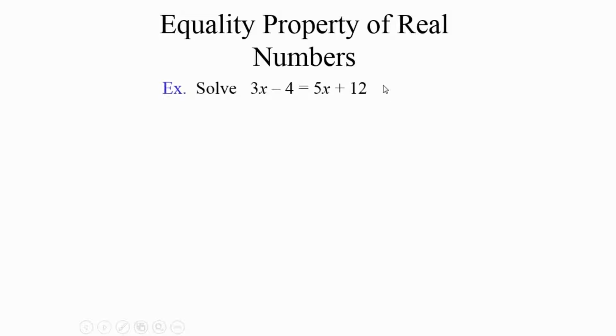So here's an equation. 3x minus 4 equals 5x plus 12. What I'm going to do, again, it might be just a little bit different, is add 4 to both sides. So you get 3x equal 5x plus 16.